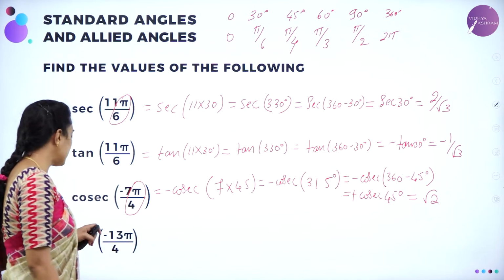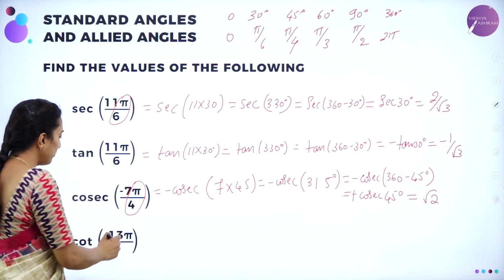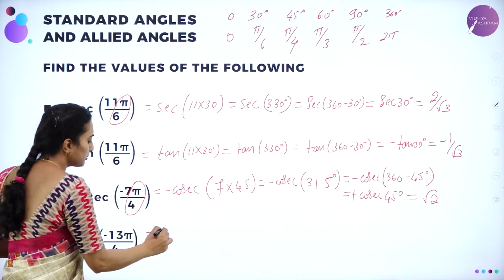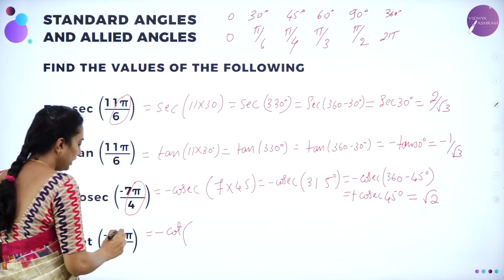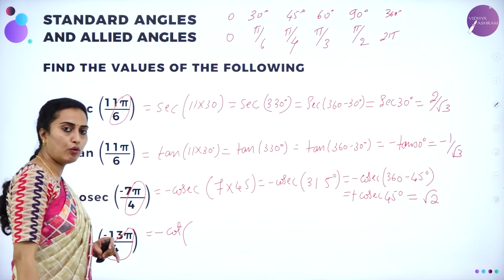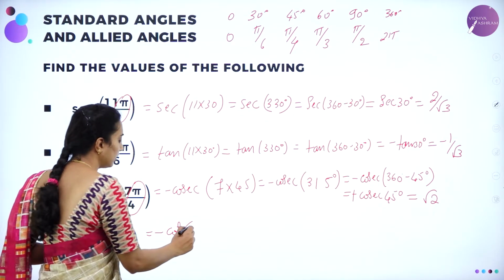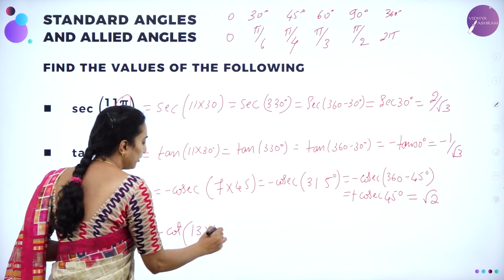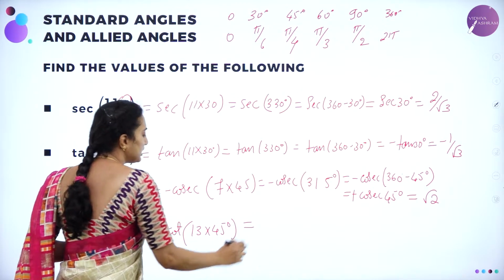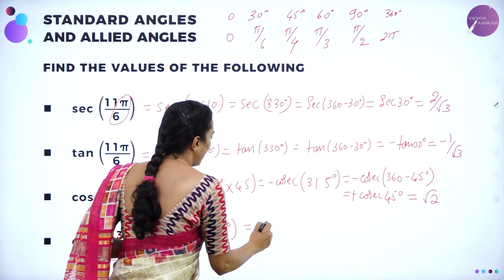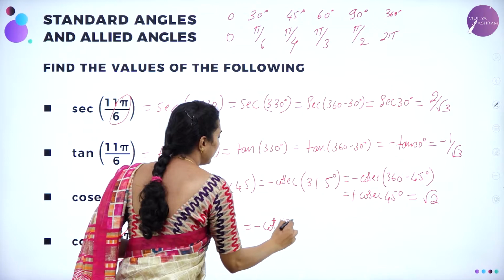And then you have cot of minus 13 pi by 4. Cot of minus theta is minus cot theta. Here you can multiply pi by 4 as 45, so 13 into 45 degree, which gives you the value 585. So minus cot 585 degree.